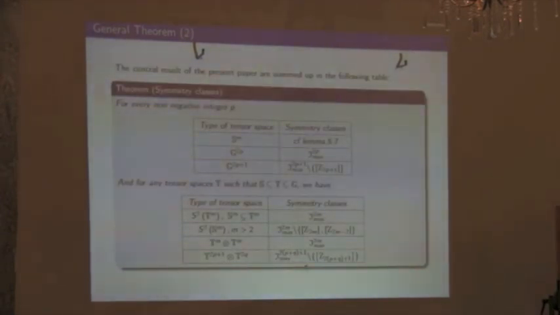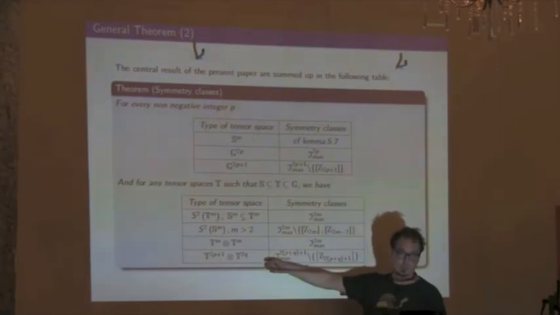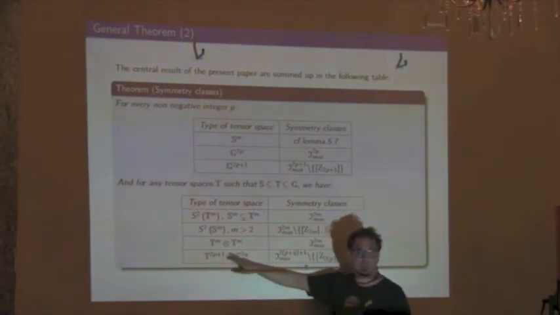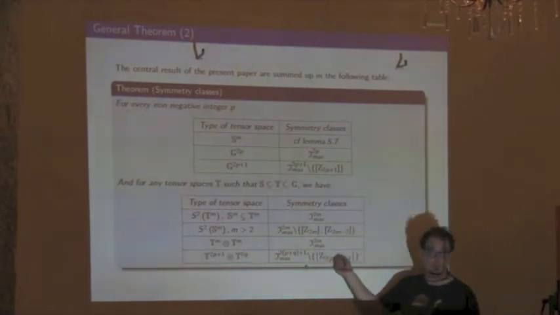Okay. So here, it's linked with the first part of my lecture. If your tensor is constructed in this way, as the tensor product of two different tensors, one odd and one even, your set of symmetry classes is exactly this one.